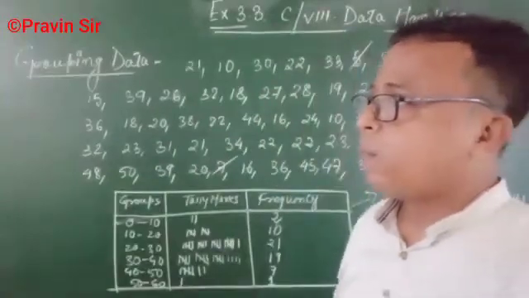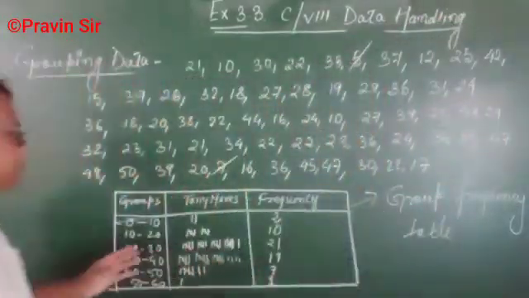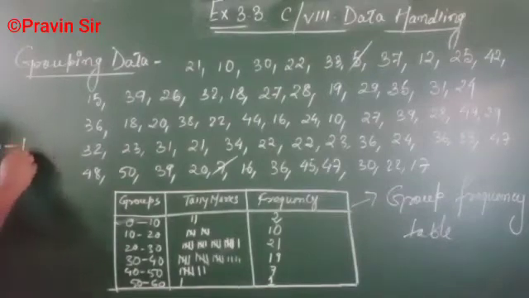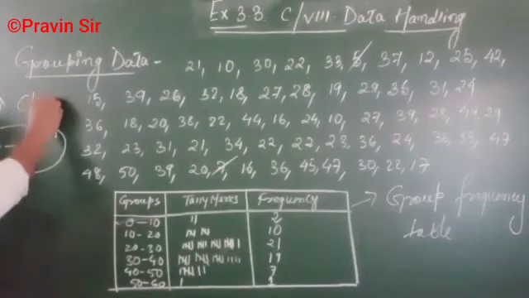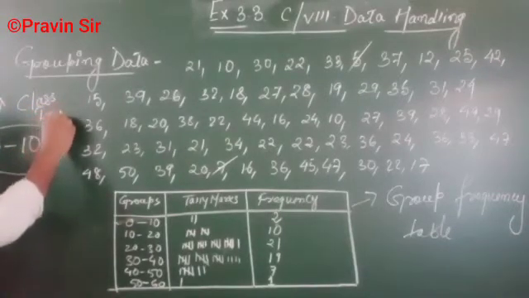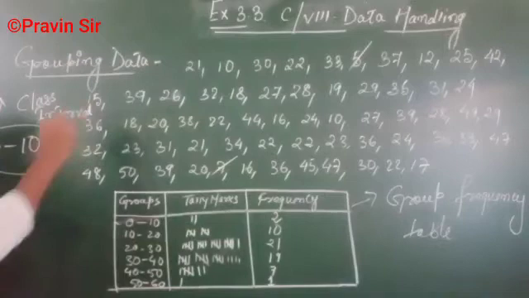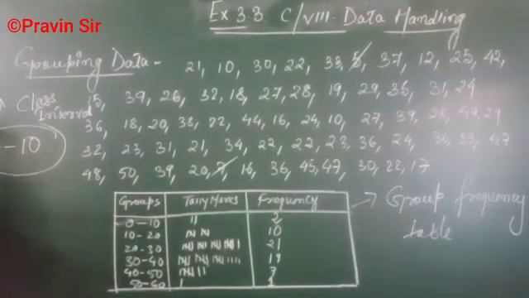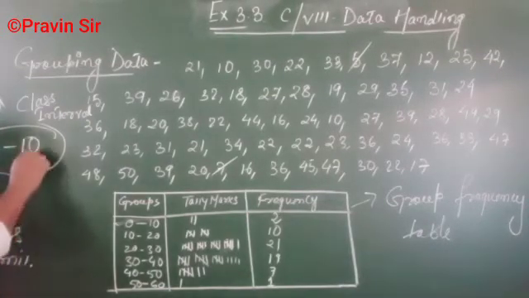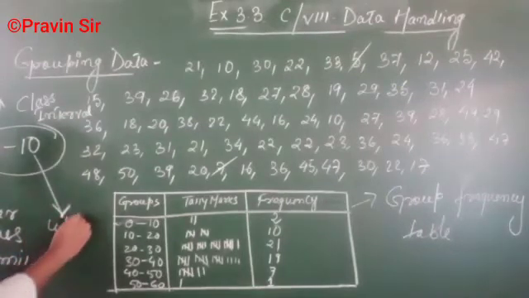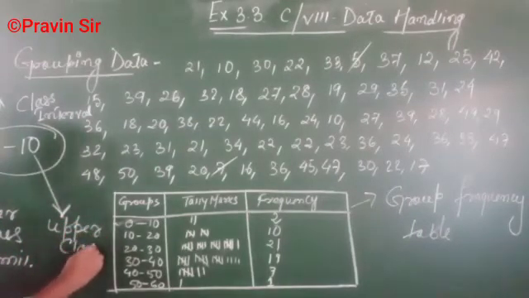Now let us see 0 to 10. This 0 to 10 is called a class interval. This 0 is called the lower class limit, and this 10 is called the upper class limit.